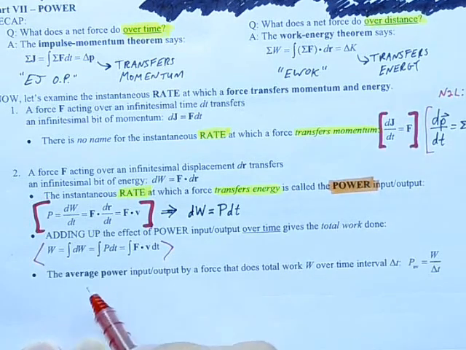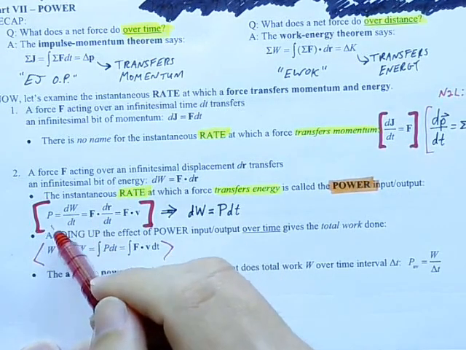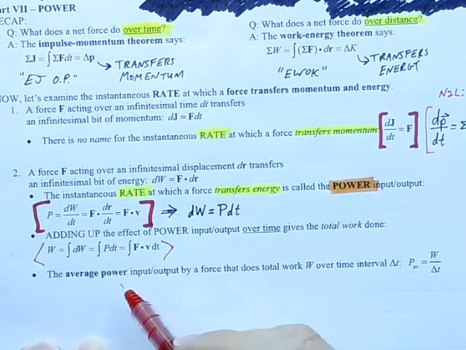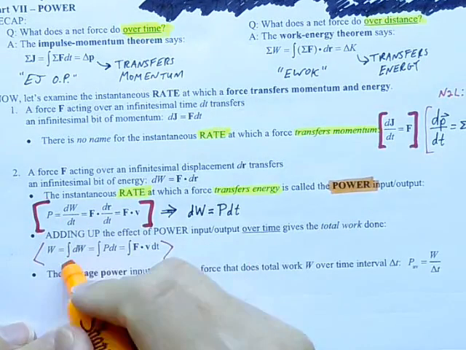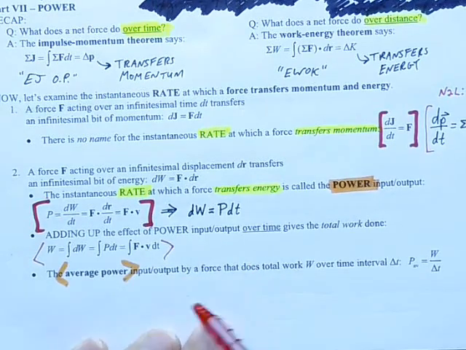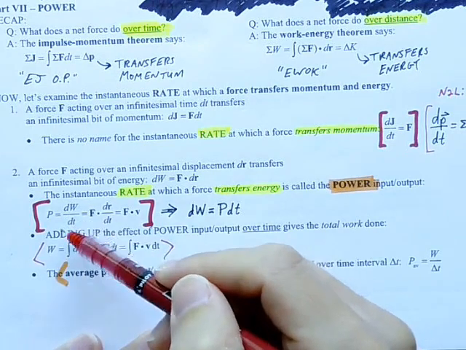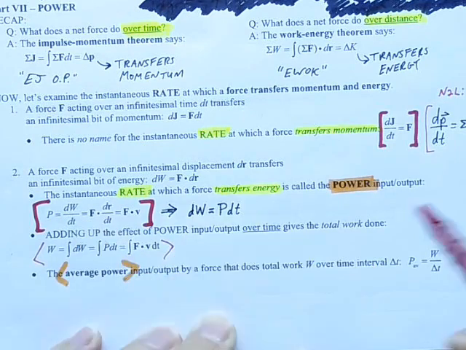Since we have a derivative definition here for power, we could convert that into an average power expression. So the average power input or output by a force. Average power, P average, can be found just by replacing the derivatives here with deltas. So delta W over delta t.